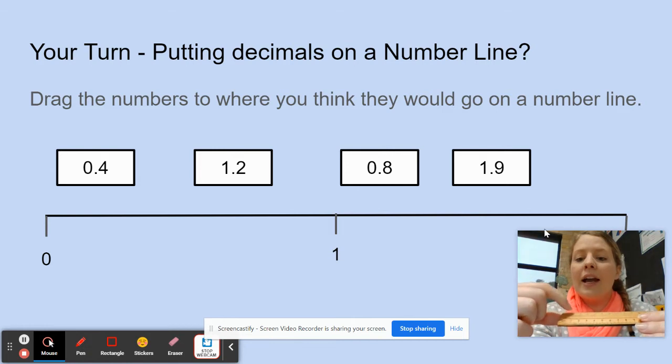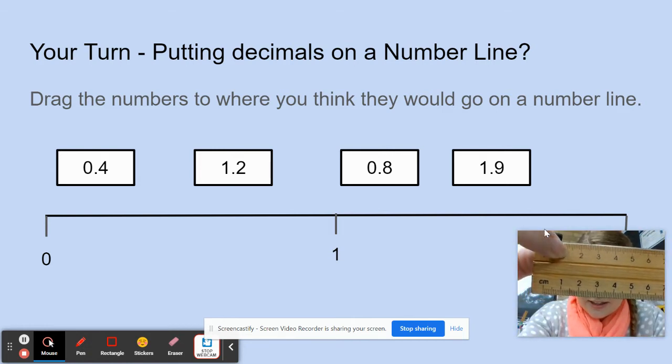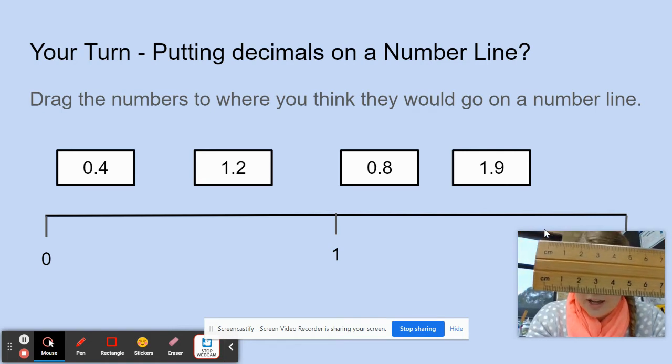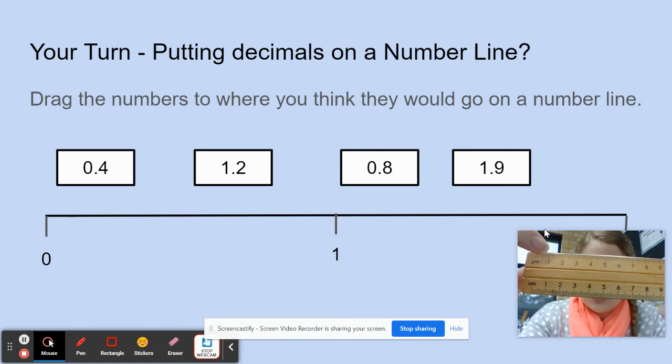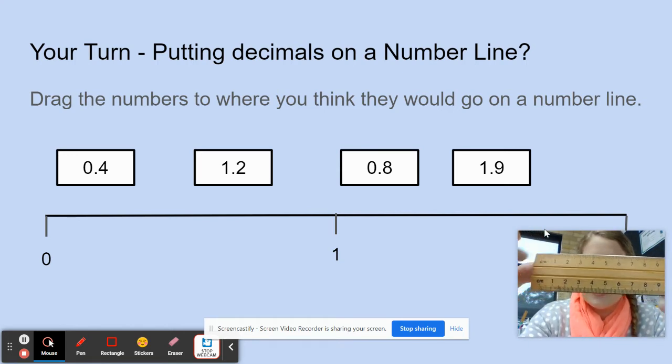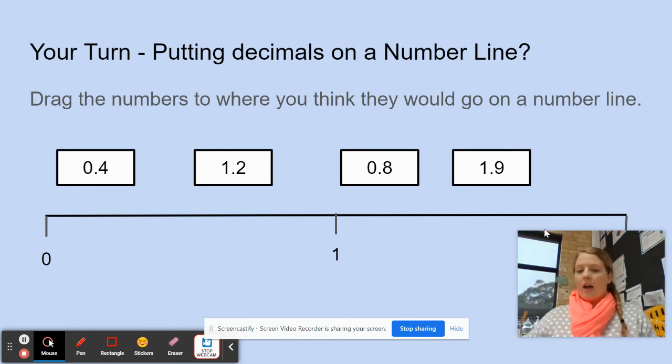You could actually say that there's 1 there, and then the next little dot would be 1 and 1 tenth. Then the next little line would be 1 and 2 tenths. Then the next little line would be 1 and 3 tenths. There's actually 10 little lines before you get to the 2. So that's another way you could use tenths, is using a ruler as well.